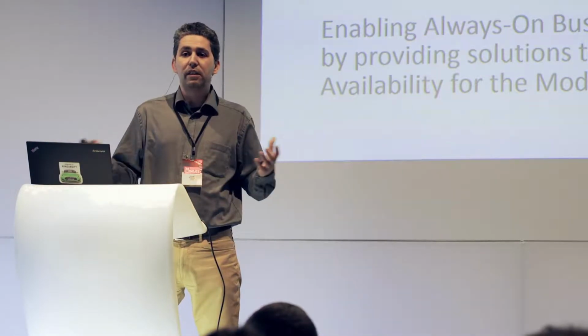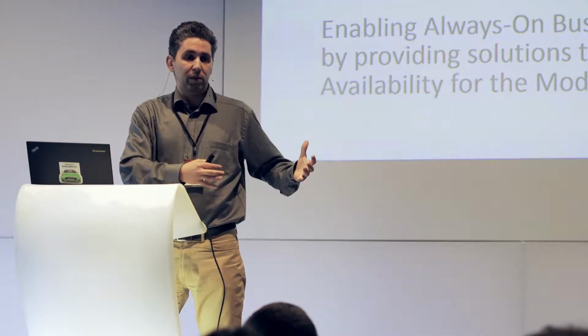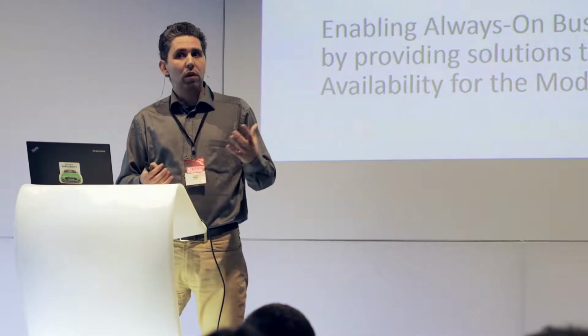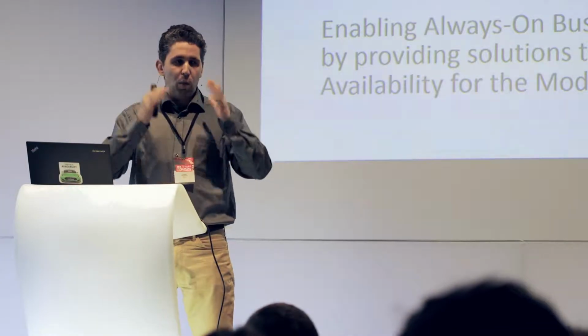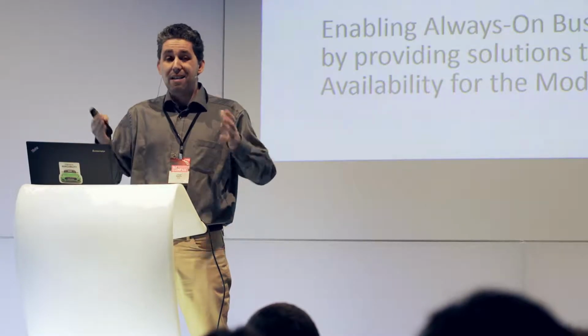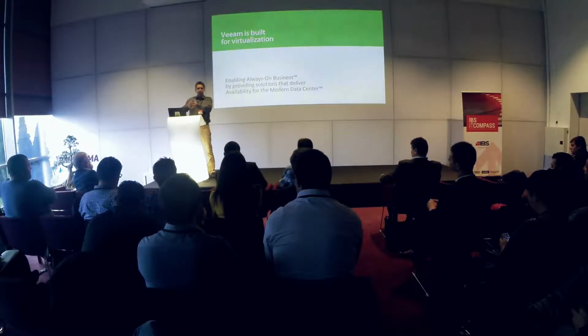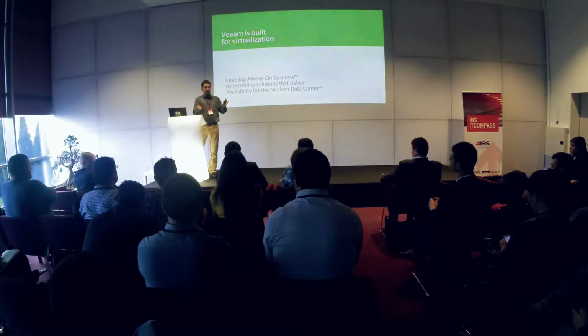Virtual machines are different than traditional applications running on a physical server, right? With a virtual machine, we can do a lot of stuff. When I said earlier that we are built for virtualization, that means we know how to do this magic with virtual machines. So the goal is to have as highly available virtual machines as possible, so we can do this magic, protecting them and also recovering them.